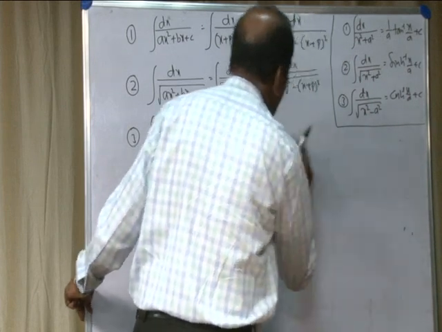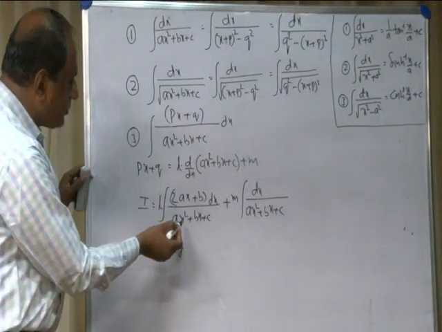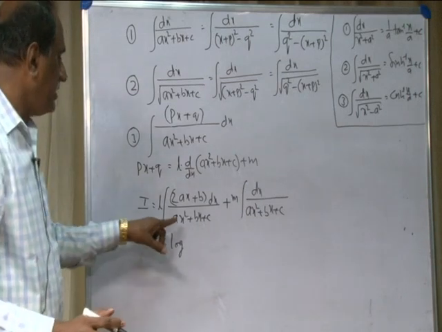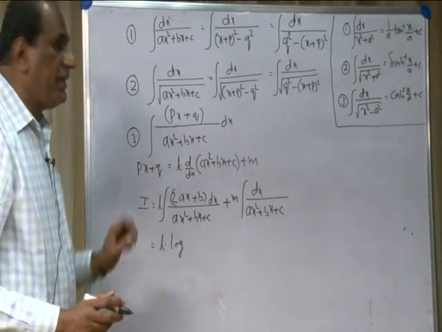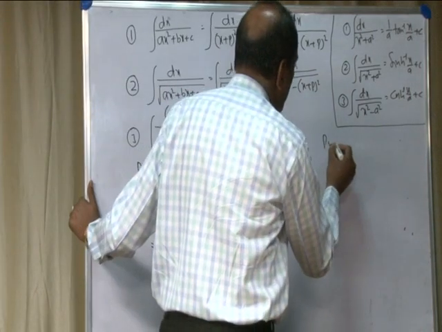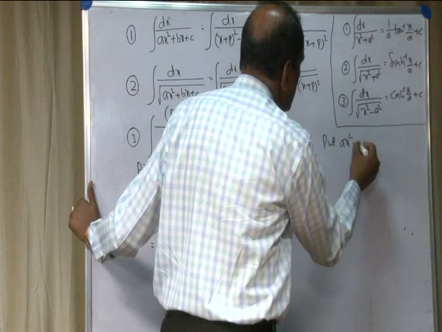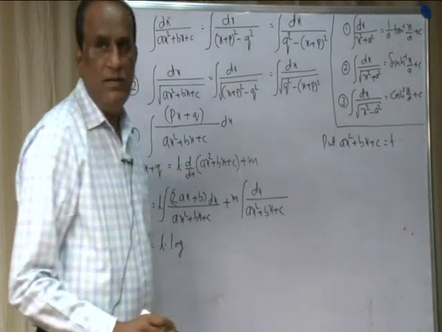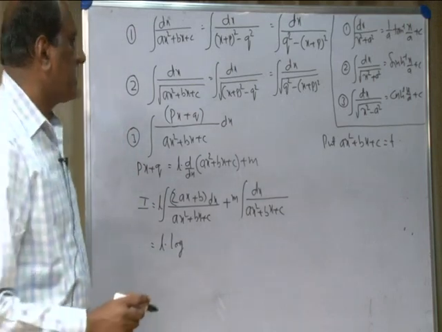See here, take the substitution for denominator, because denominator derivative is numerator. So put ax square plus bx plus c is equal to t, another variable. I change the variable from x to t.